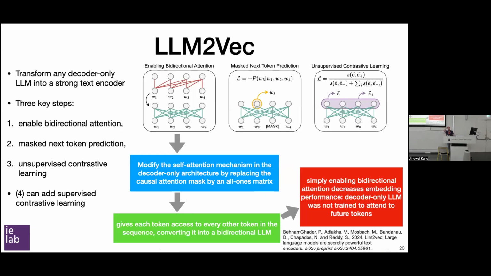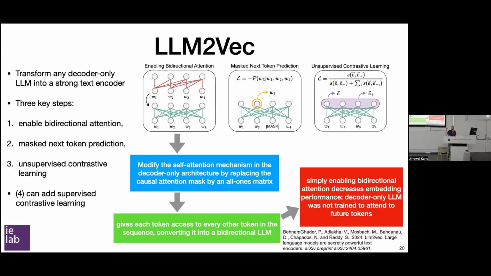Okay, so another model I want to talk about is LLM2Vec. The idea there is, again, to use the LLM as your backbone, but they do it not specific to one LLM. They devise a technique that can be applied to any decoder-only LLM. And what they do is three steps. They modify the architecture by enabling the bidirectional attention.